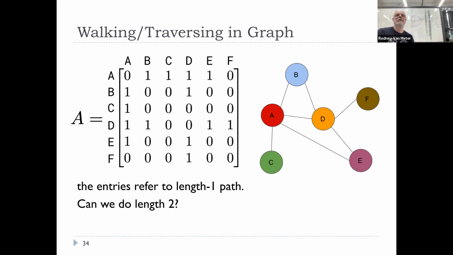Now, using this adjacency matrix, is there a way we can find all of the length 2 paths out of this, or all of the source and destination pairs, all of the starting points and ending points we can follow to get from any given point to any other given point in 2 steps.